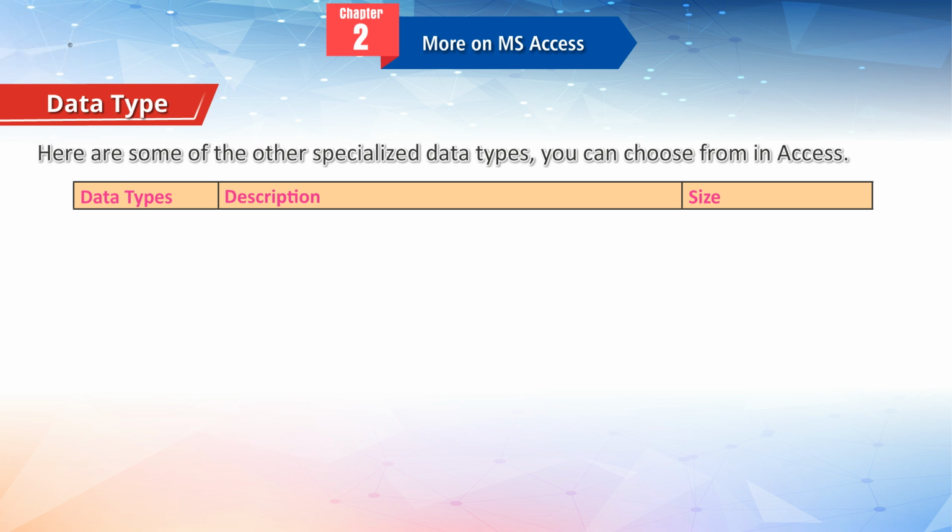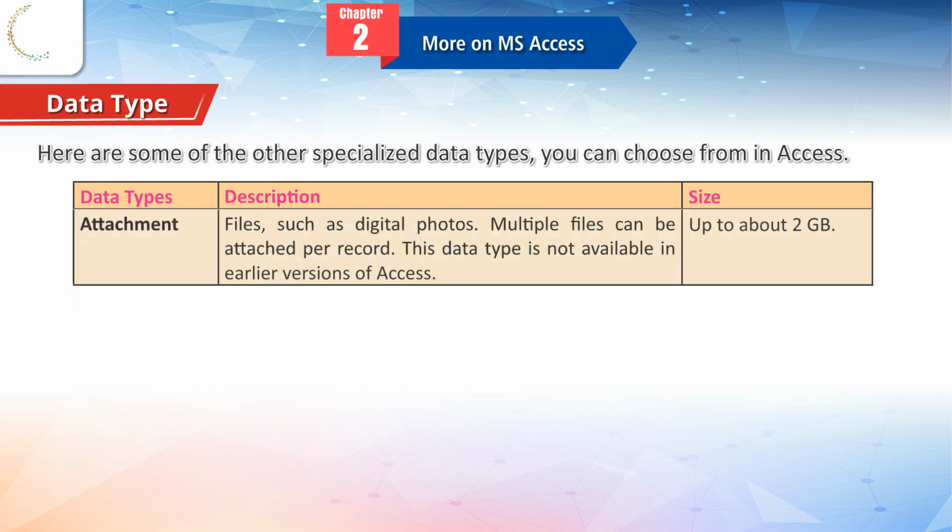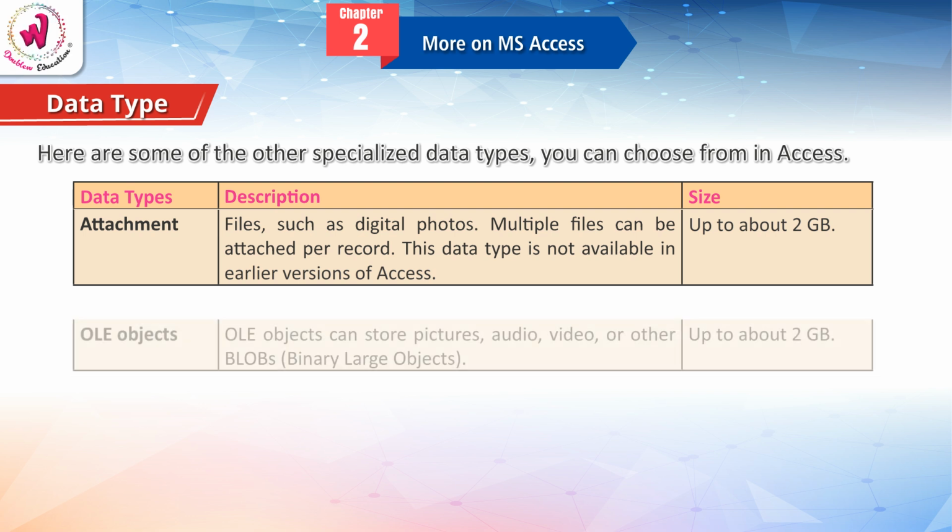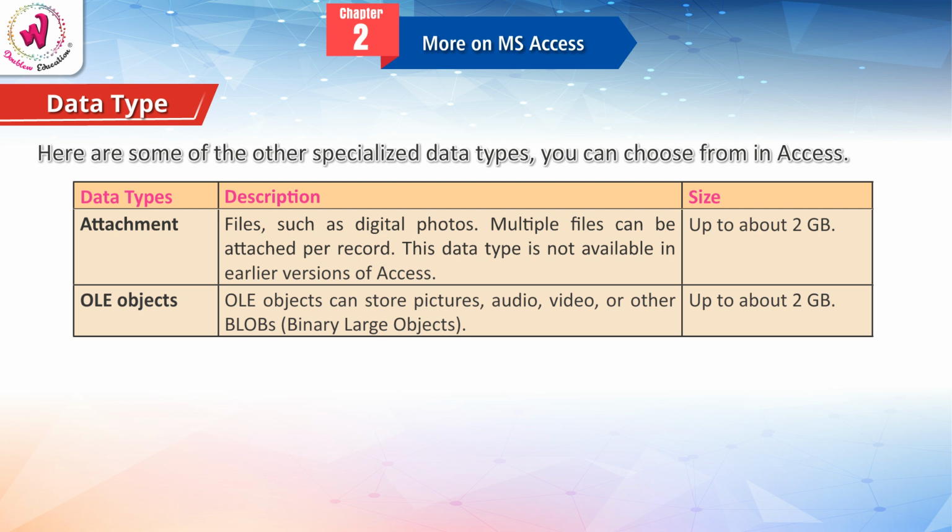Data types, description, size. Attachment. Files such as digital photos; multiple files can be attached per record. This data type is not available in earlier versions of Access. Up to about 2 GB. OLE objects.